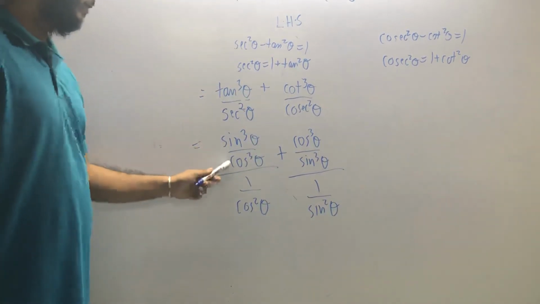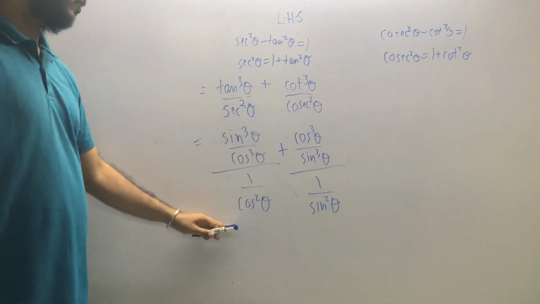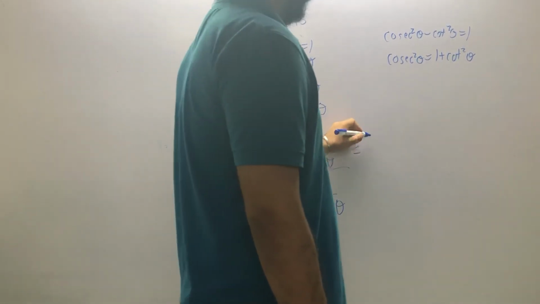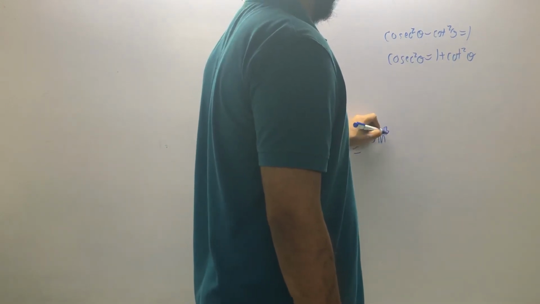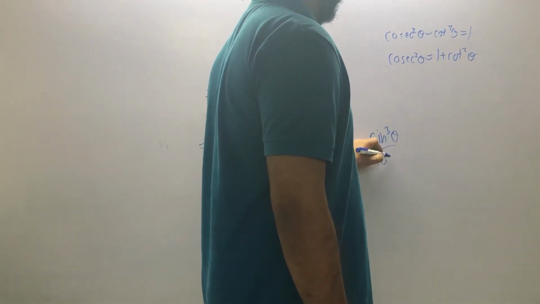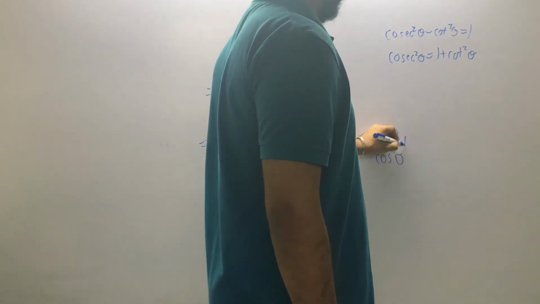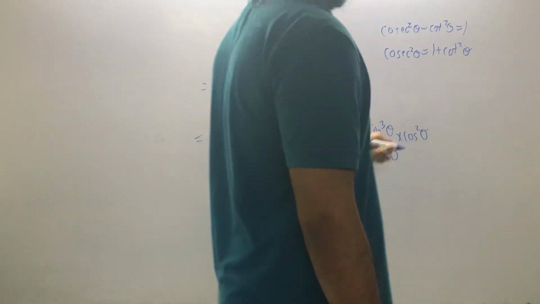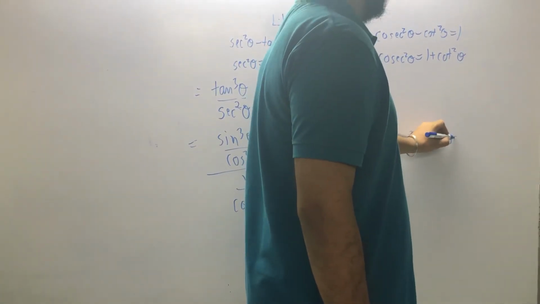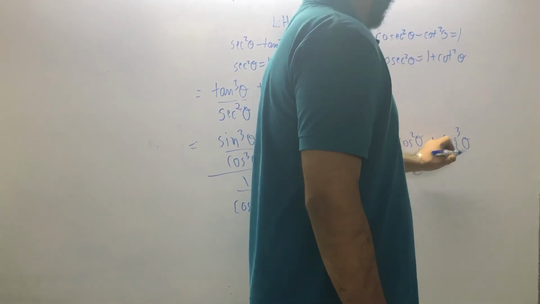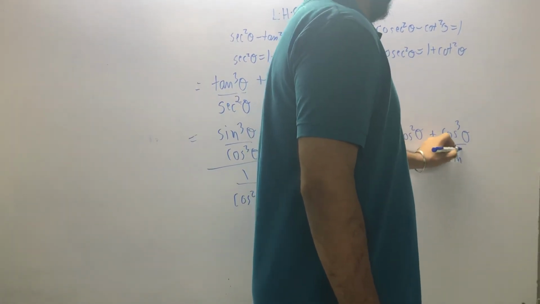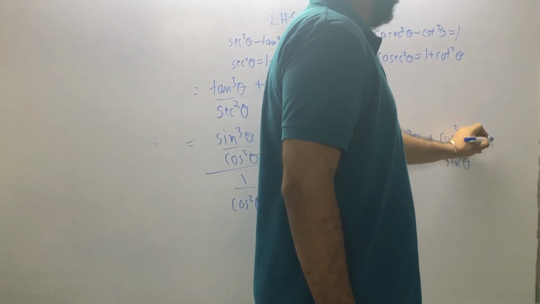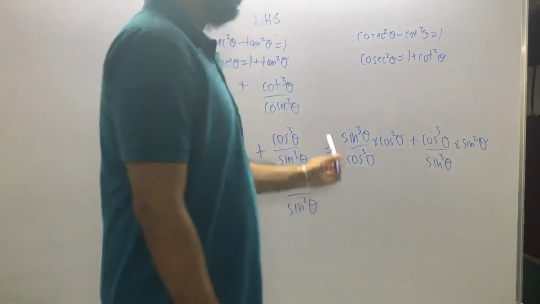Okay, sine cube theta upon cos cube theta upon 1 upon cos square theta. So what is happening here is, you can see this part.